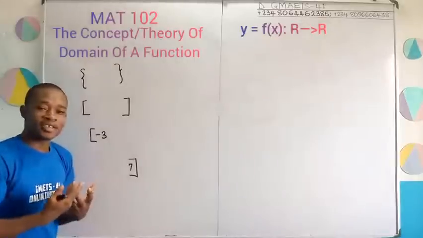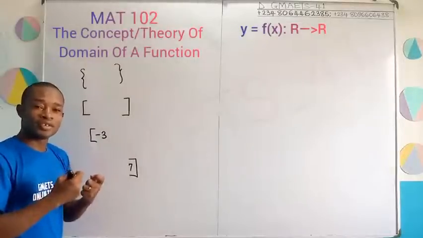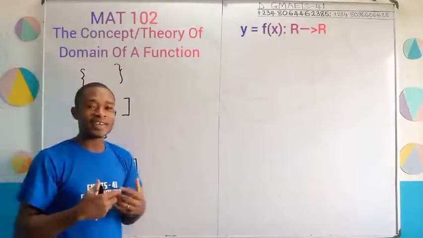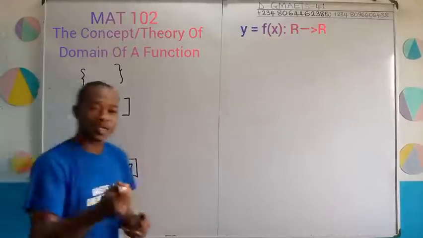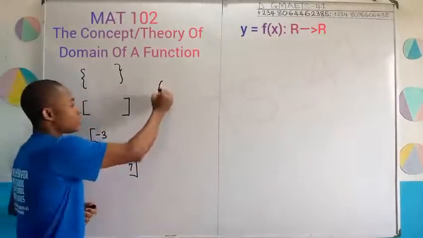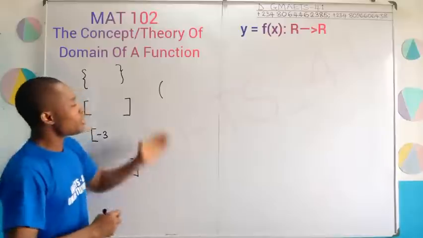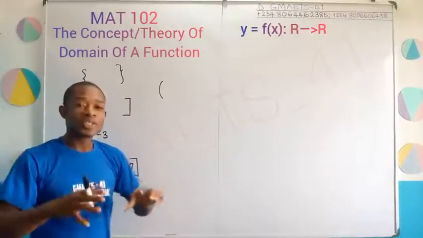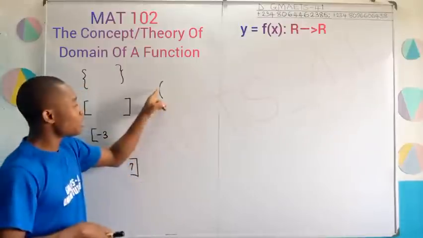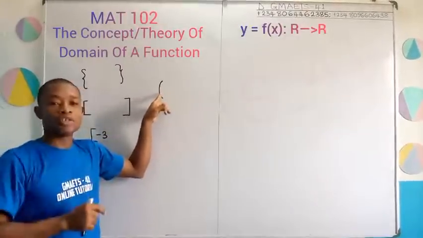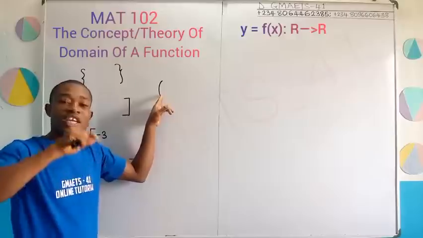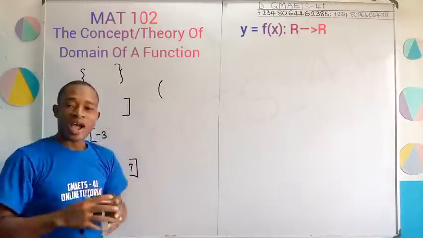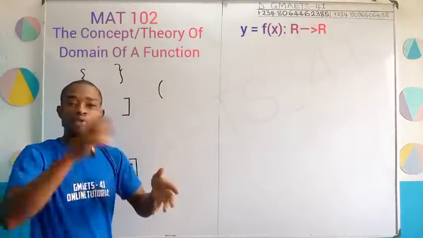Another bracket you can use when dealing with domain is this one, the curved bracket. Whenever you use it, it simply shows that the number you write there is not part of the domain. However, it serves as a boundary.